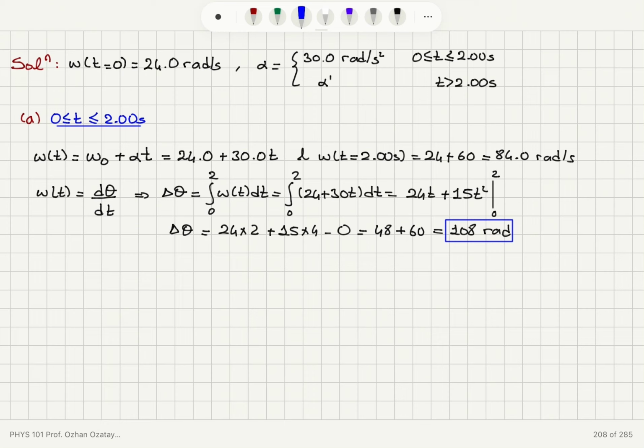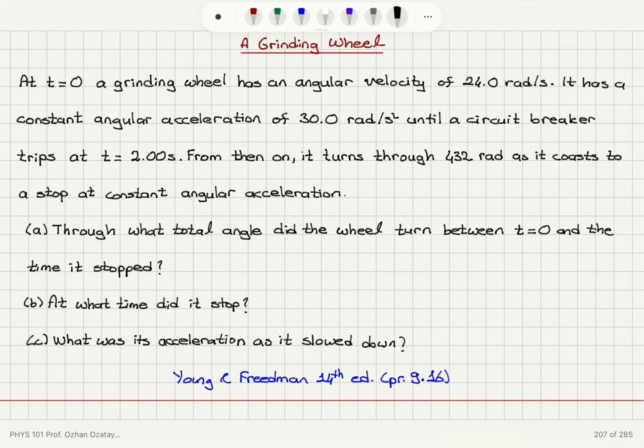Now, what is this angular displacement? It is the angular displacement that we obtain between t equals 0 and t equals 2 seconds when the circuit breaker is tripped. But the question is, through what total angle did the wheel turn between t equals 0 and the time it stopped? And we're given the information that from then on, it turns through 432 radians.